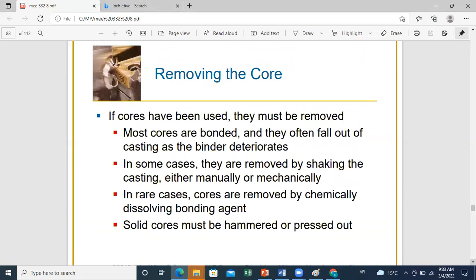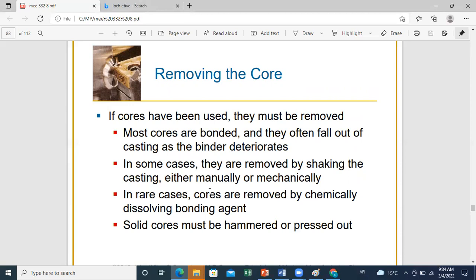Now, concerning the core, if cores have been used, they must also be removed. Most cores are bonded and they often fall out of the casting as the binder deteriorates. So in general, we use binders to form cores, and after the casting process they will deteriorate, so you can remove the core easily. In some other cases, you can just remove them by shaking the casting, either manually or mechanically.